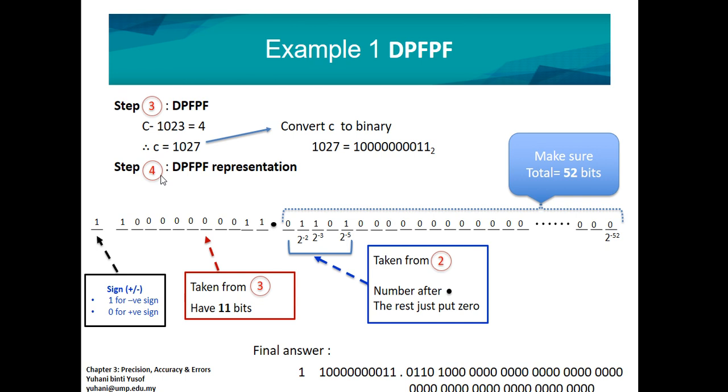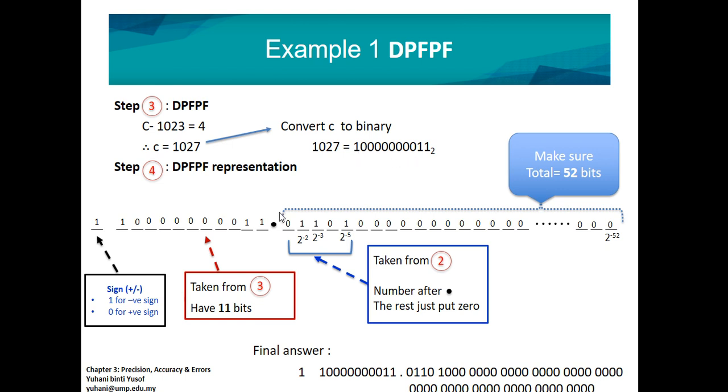Then on step number 4, you need to represent in double precision floating point form. Again, since the equation is negative 22.5, you need to put 1 as the sign since negative. This one you taken from number 3. So you see here you have 1 2 3 4 5 6 7 8 9 10 11.